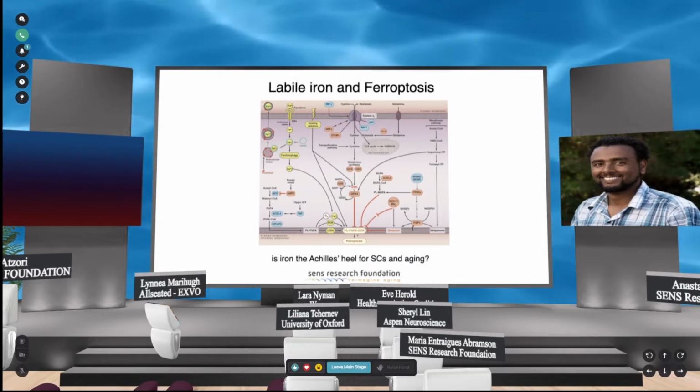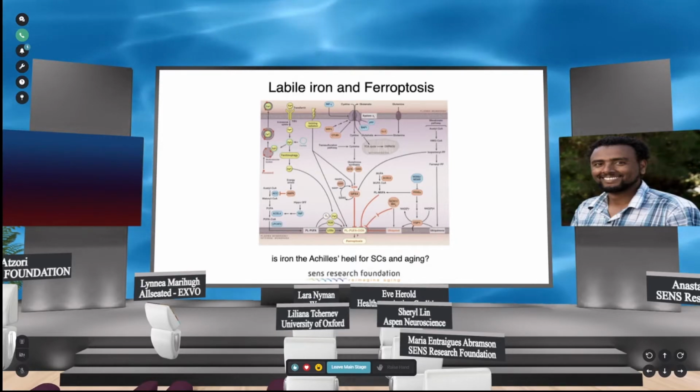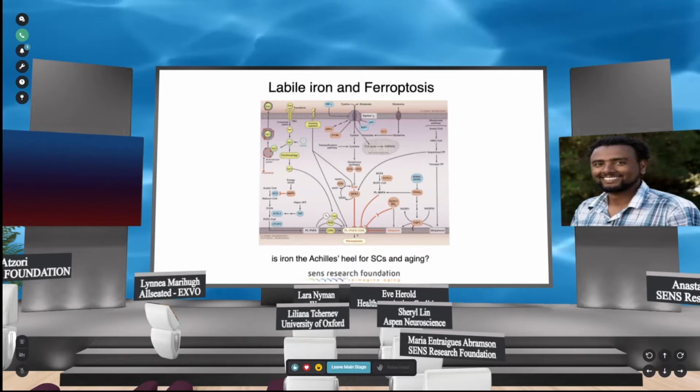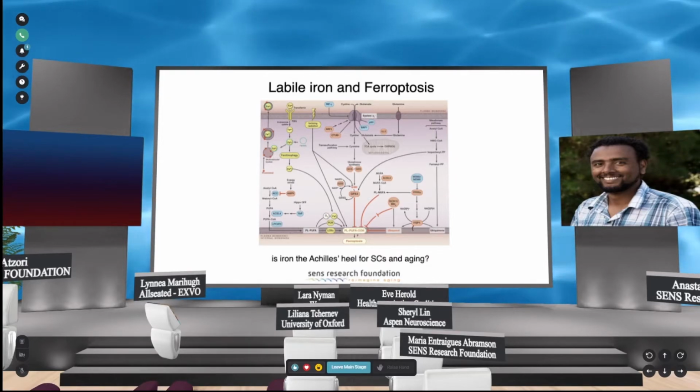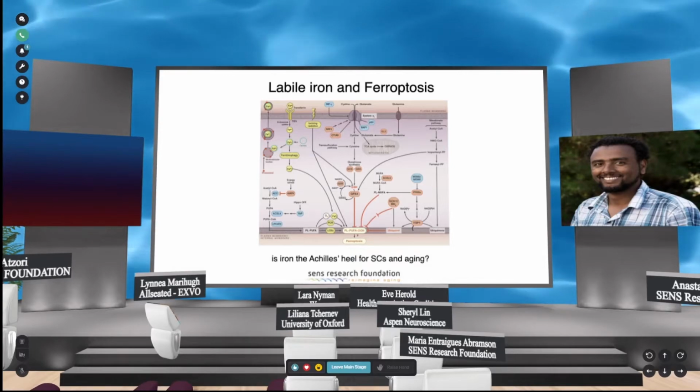And then if this lipid oxidation is not prevented by the antioxidant system, the cells will undergo cell membrane rupture and finally cell death through a process called ferroptosis.